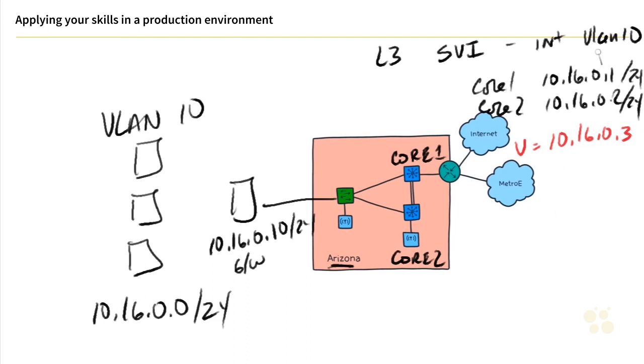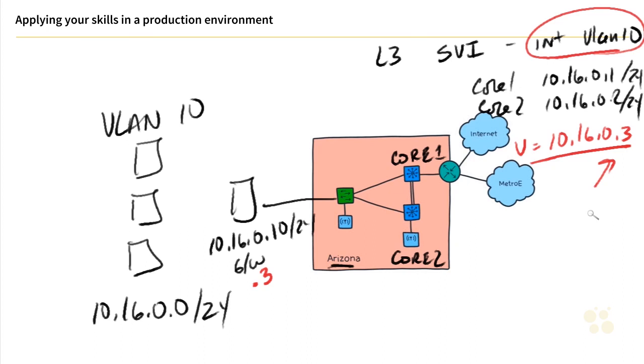So what we would do is we would go to each of these VLAN 10 interfaces and use the commands to enable hot standby router protocol, including this virtual IP address. And then we want to train the clients on that VLAN 10 that for their default gateway, they should use .3 as their default gateway. And then between Core 1 and Core 2, with the hot standby router protocol, they would provide that fault tolerance for that virtual IP address.